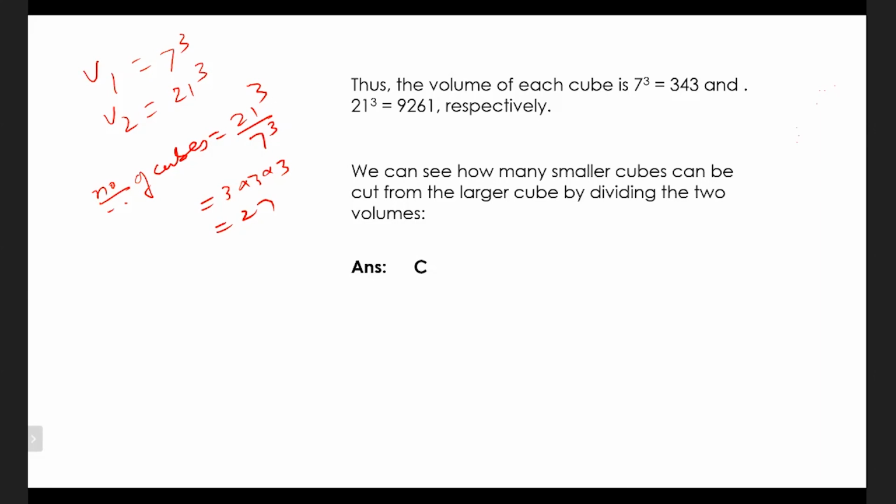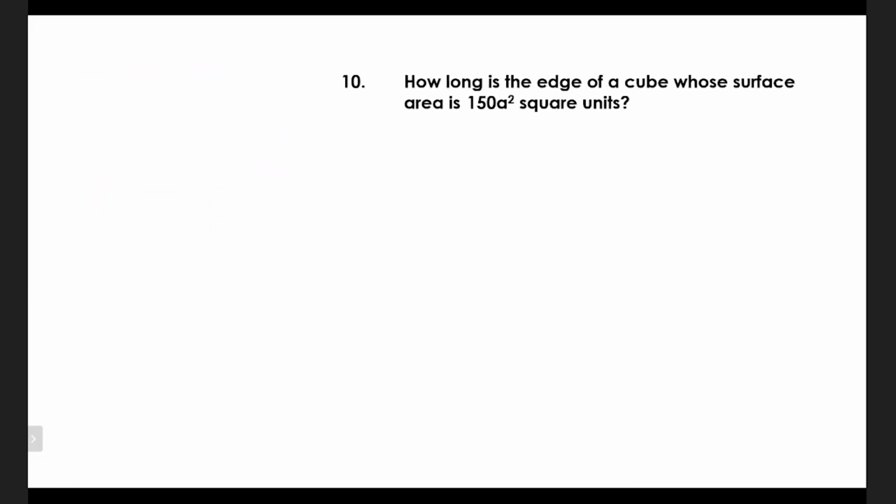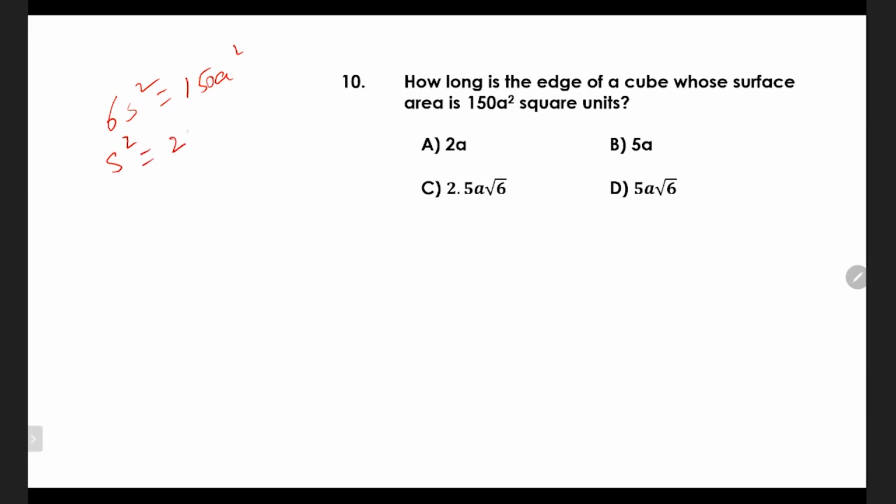Okay, let us go to the next question. How long is the edge of a cube whose surface area is 150 a square? So 6 side square equal to 150 a square. So side square equal to 150 by 6, if you cancel, 6 twos are 12, 6 fives are 30, so 25 a square.